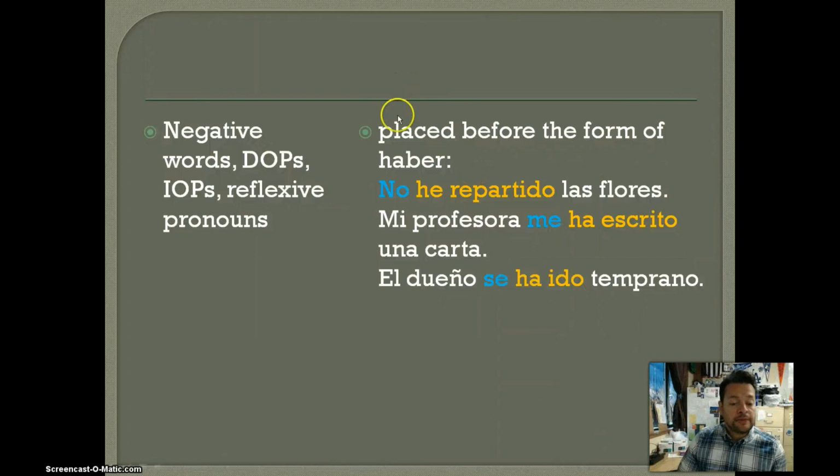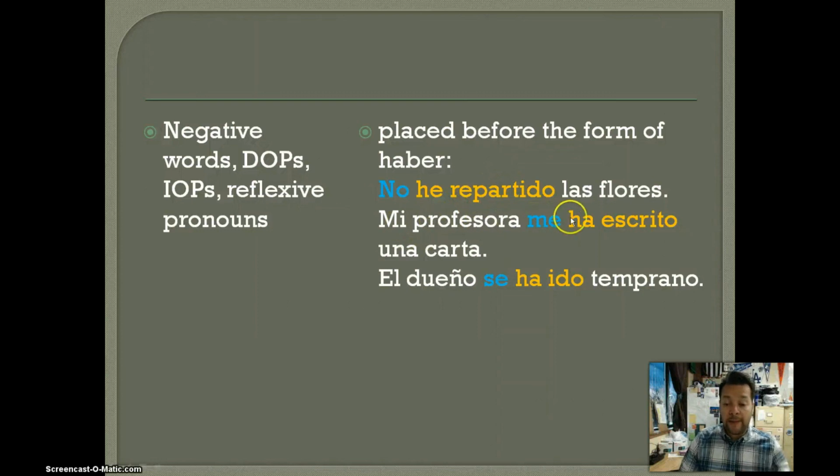So check it out. So this first sentence right over here, this action has not happened, so where's your word placement? You put the no first to indicate that this is not going to happen. He repartido, okay, I have not delivered las flores, okay, no he repartido las flores, I haven't delivered them.